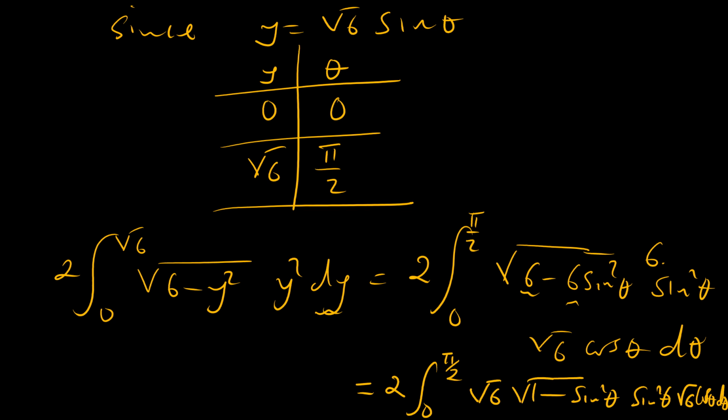Okay, so this and this can be bunched together into a 6. So we have 6 times 6, 36 times 2, we're going to have 72. So we get 72 out, integral from 0 to pi over 2.